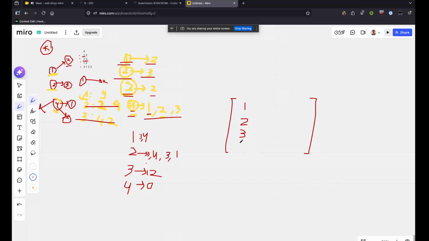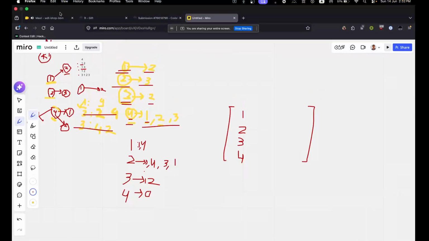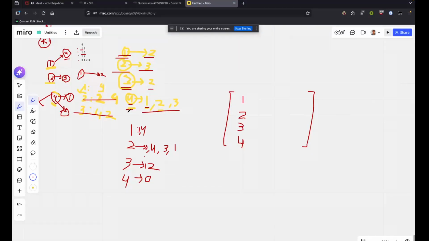Yeah, yeah, your approach is correct. And my approach was a little similar to that. So, do you know how to store a graph in an adjacency list? Do you have any idea? I have, but at the moment of the contest, I wasn't remembering the graph code, so that's why I went with this approach.